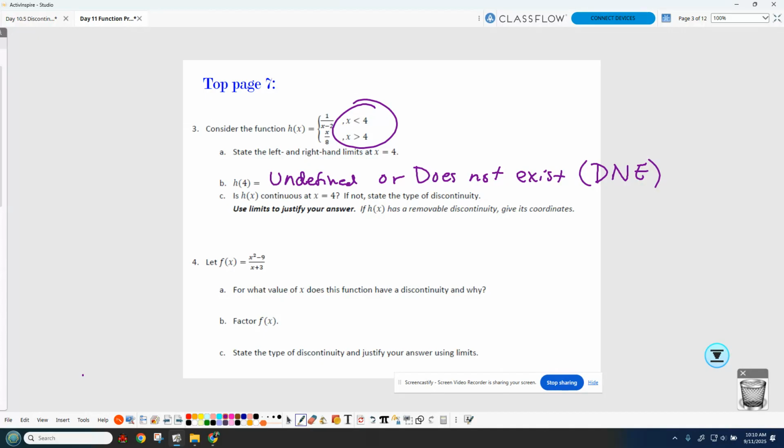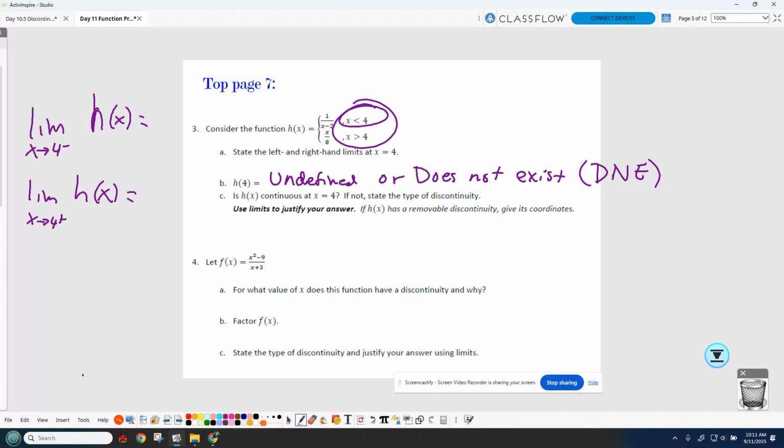So the left and right hand limits, like Kevin told us how to do those in the beginning of class. So the left side of 4 and the right side of 4. Dylan, on the right side or left side, the top branch, is that the left or the right? If it's less than 4, it's left, right?